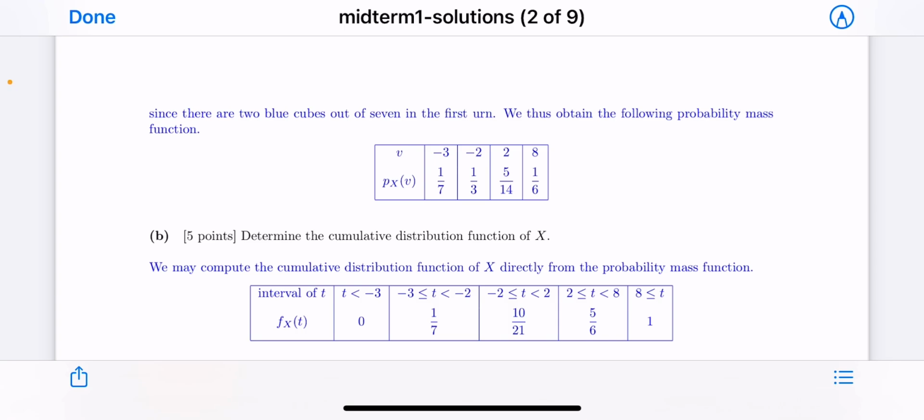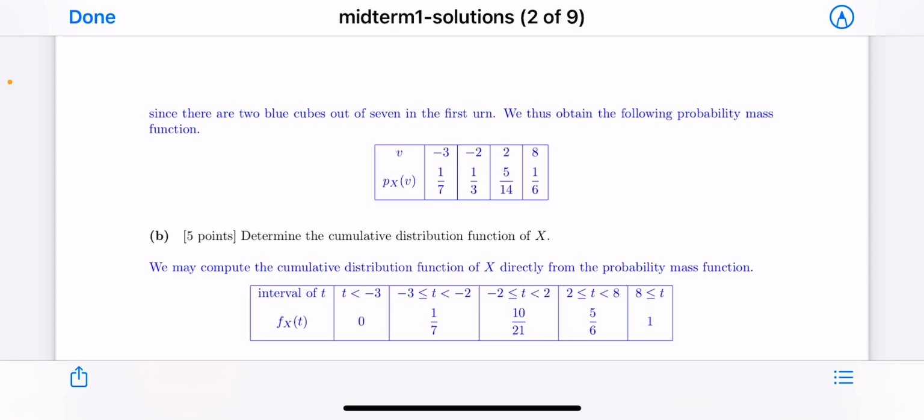And so we can say, okay, so if t is less than -3, there's zero probability the random variable is less than -3 because all the values are bigger than -3. And then we can say, all right, so to get the next interval, I'm going to add 1/7 to 0. Then to get the next interval, I'm going to add 1/3 to 1/7. To get the next one, I'm going to add 5/14 to 10/21.